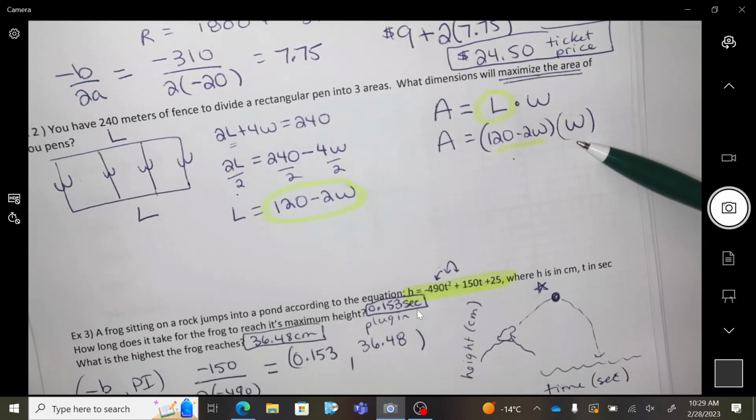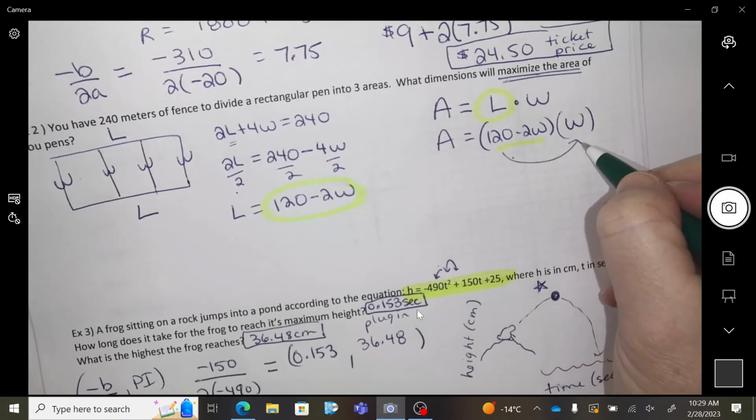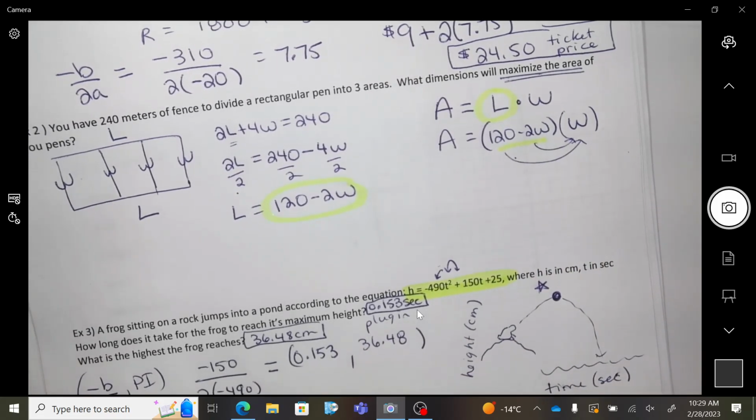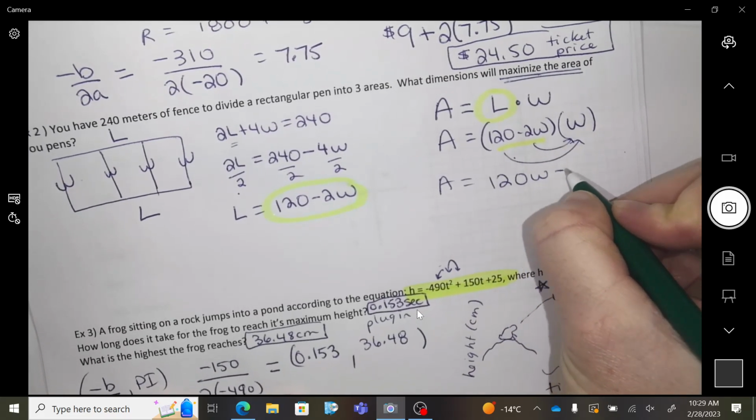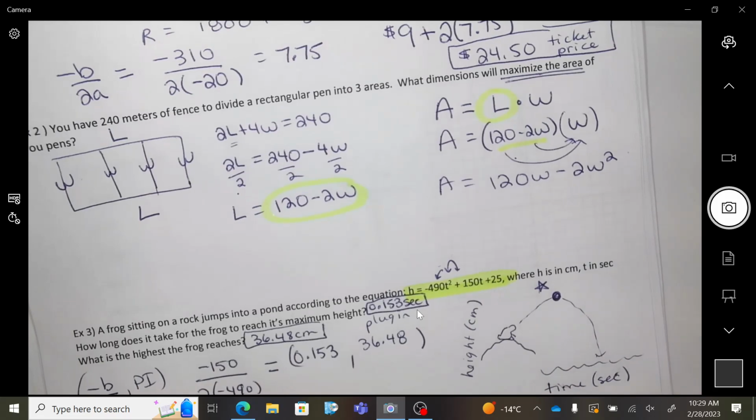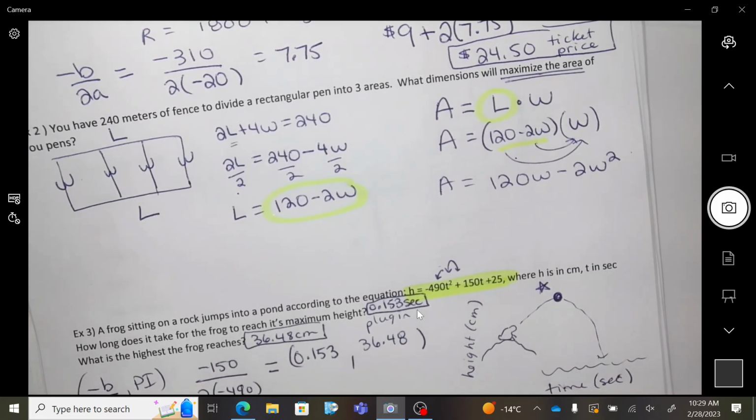What should I do with this stuff? I should multiply it out, not technically foiling, but distributing it. And I have a quadratic equation. Okay, so you have to work to get your equation.